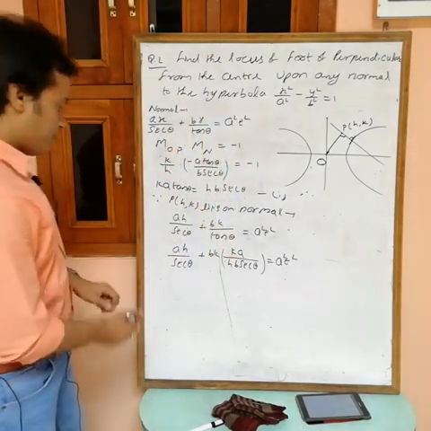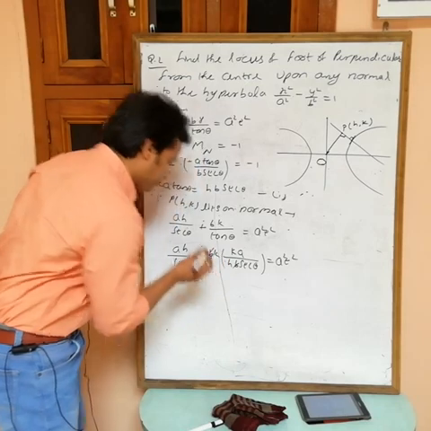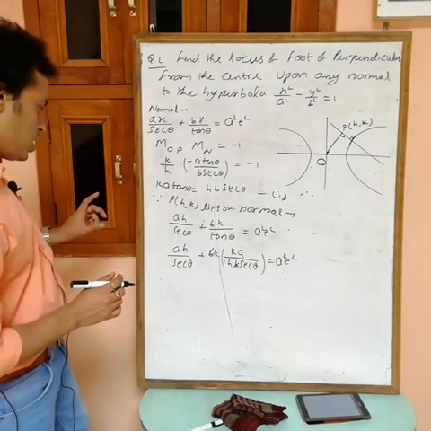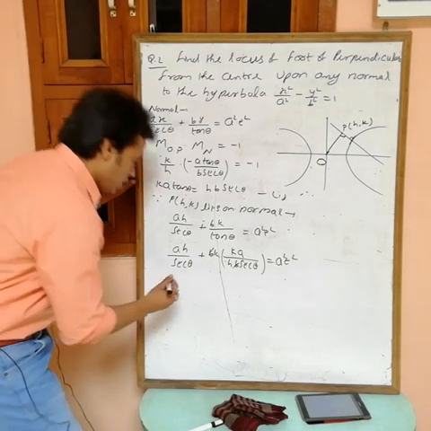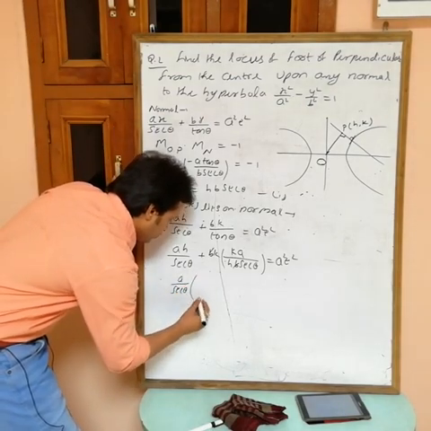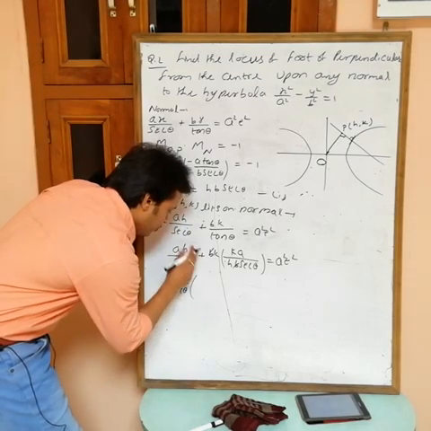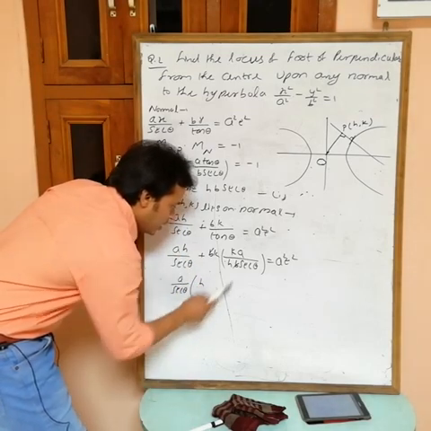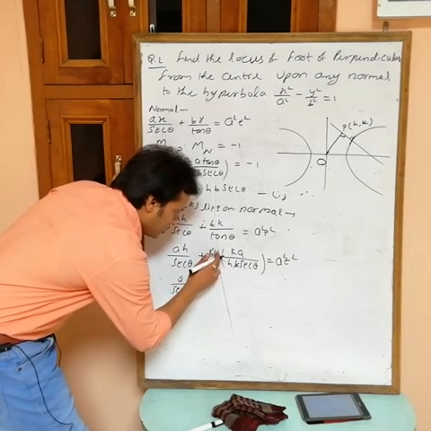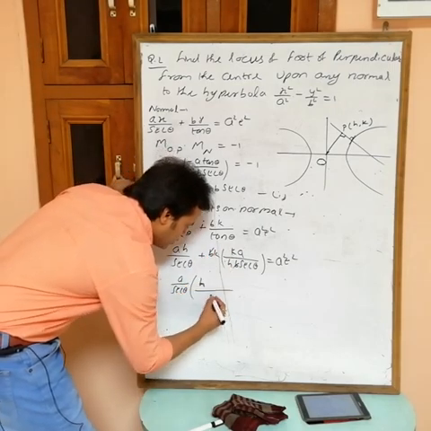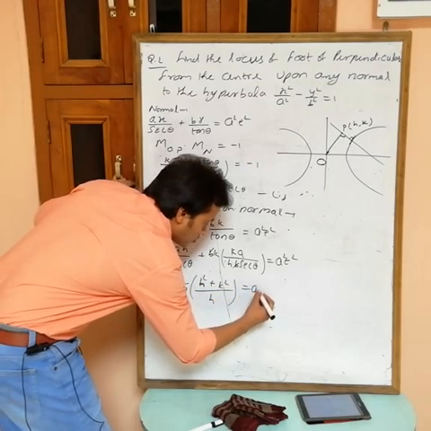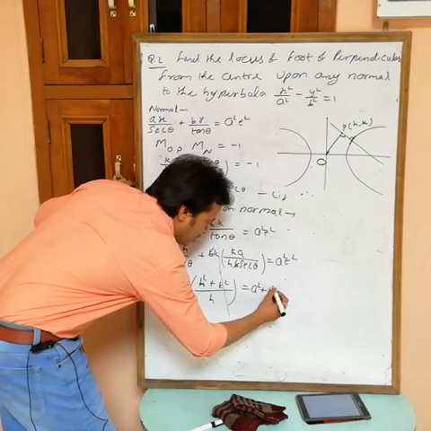Now see, b cancel out, I can take common sec theta, a by sec theta we can take common. Then here what we are getting, only h, and here a by sec theta common, k by h. If you take LCM, sorry, k square by h, if you take LCM h, and h square plus k square equals to a square e square or a square plus b square.